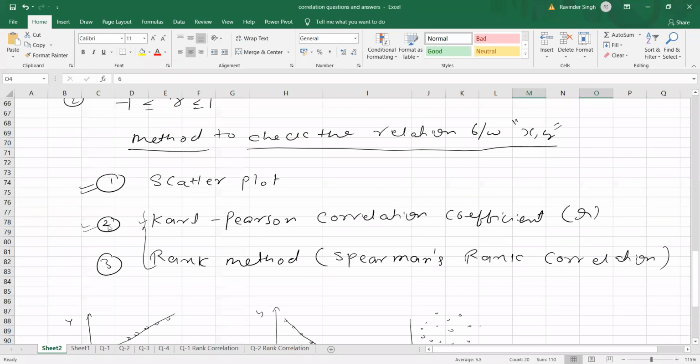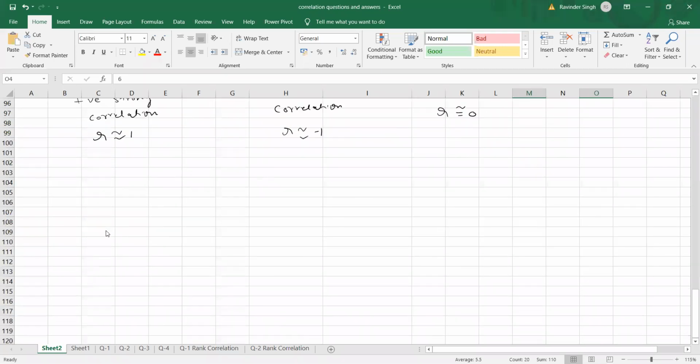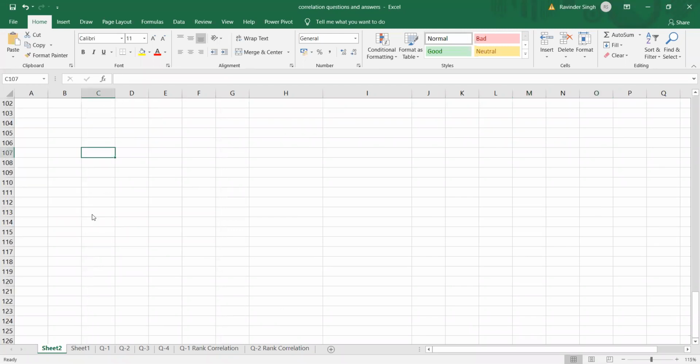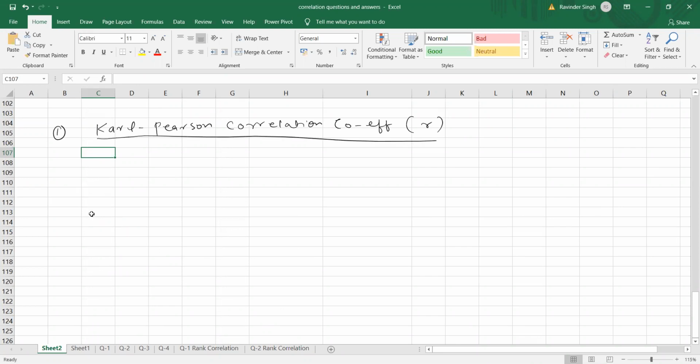So first let us talk about the Karl-Pearson correlation coefficient R. So I'm now taking the second method, which is the Karl-Pearson correlation coefficient. This is denoted by R, right?